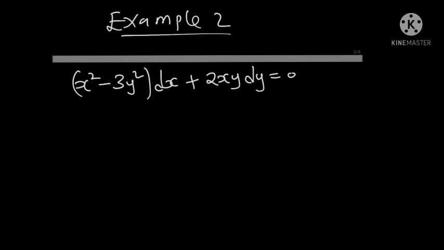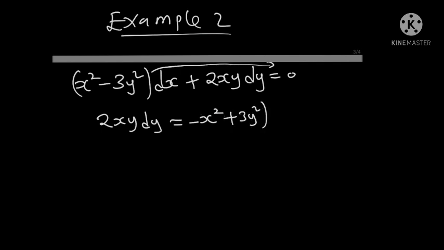So first of all, we need to convert it into standard form, right? So we have 2xy dy. Let's take this term to the other side. So we have minus (x squared plus 3y squared) dx. Now, let's divide both sides by dx.